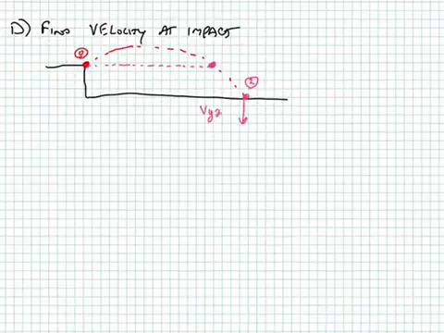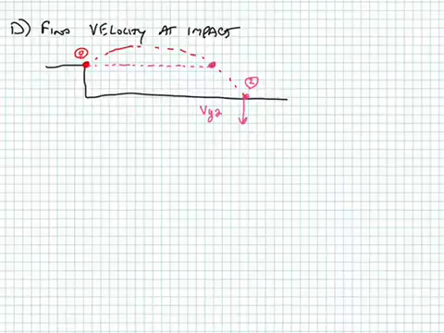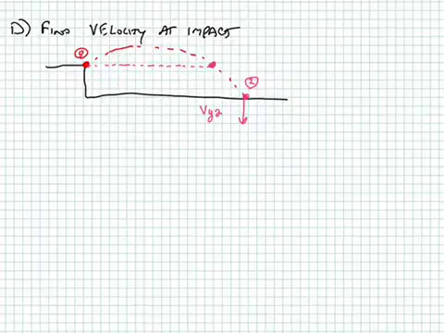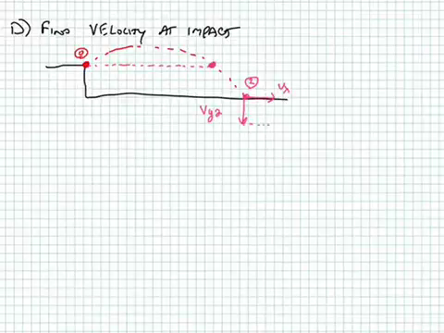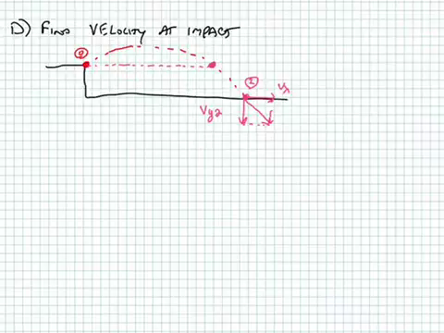Vy2 is not equal to negative 17, what it was at the beginning, because it's fallen further than ground to ground. And my Vx in this case is still going to be 10, because we're neglecting air resistance, so Vx is constant.